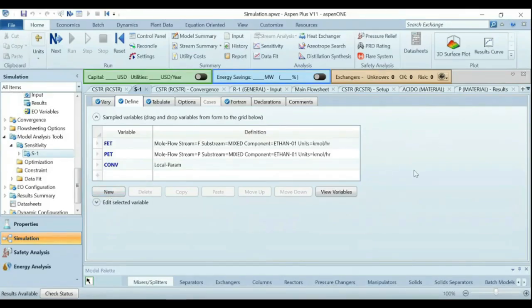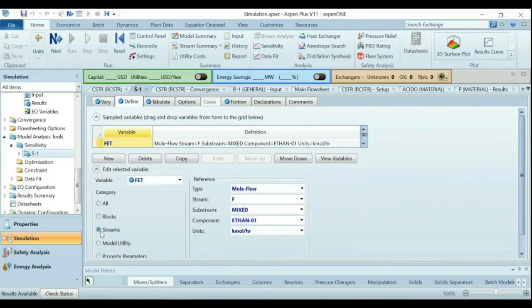So we are going to select as stream variables the flow rate of ethanol in the input stream, and the amount of ethanol in the product stream, here named as fat and pet. Okay, and based on these values we can calculate conversion. That's a variable that I defined as a local parameter, and we'll be defining and calculating this variable using an application of Aspen.